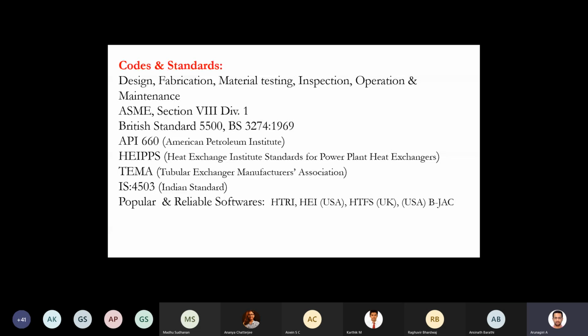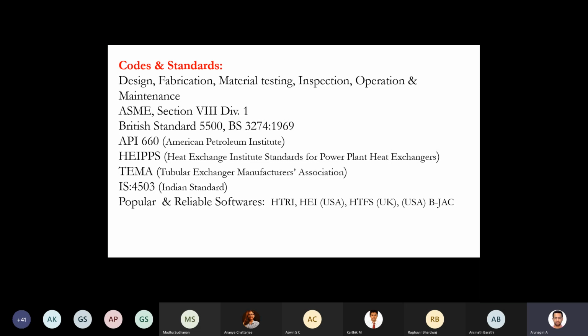For a heat exchanger, maintenance also, how to maintain it. So these are all major things: design, fabrication, material selection and testing, inspection of your equipment, operation of your equipment, and maintenance. These are all explained in codes and standards.